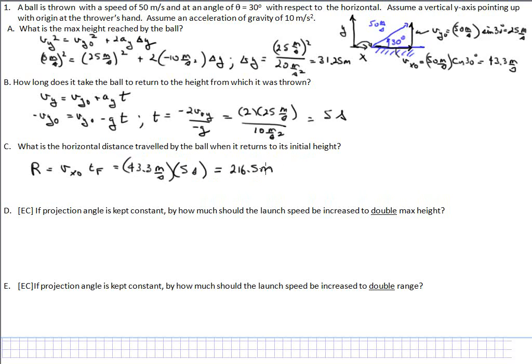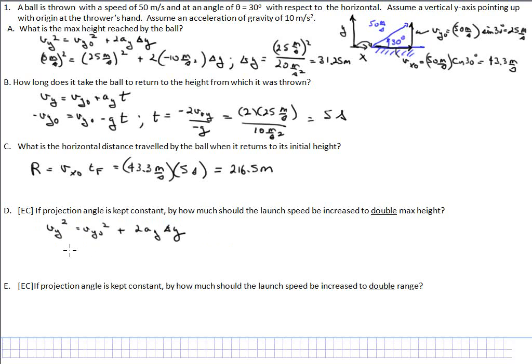And that comes out to be 216.5 meters. If projection angle is kept constant, by how much must the launch speed be increased to double max height? Well, we can use this equation to figure that out. Vy squared is equal to Vy naught squared plus 2a sub y times delta y.